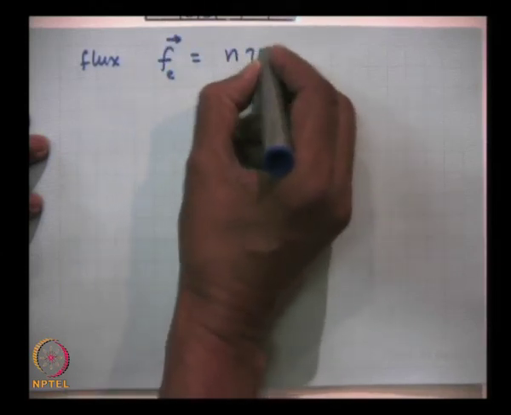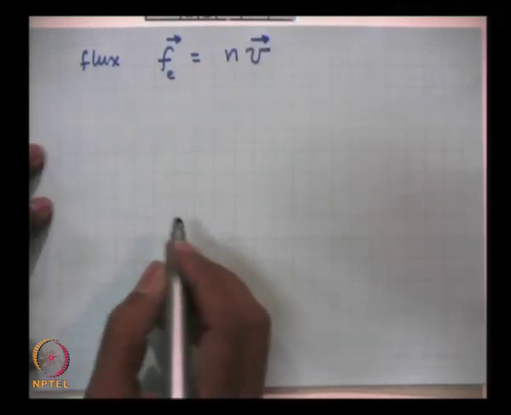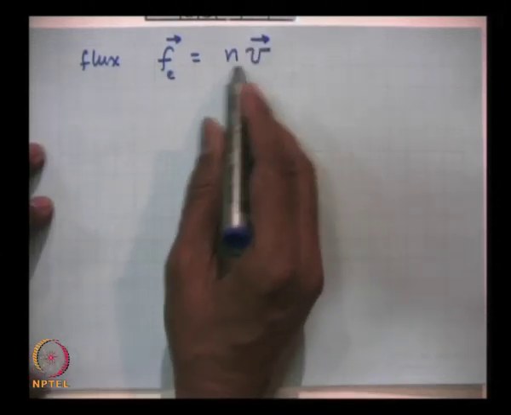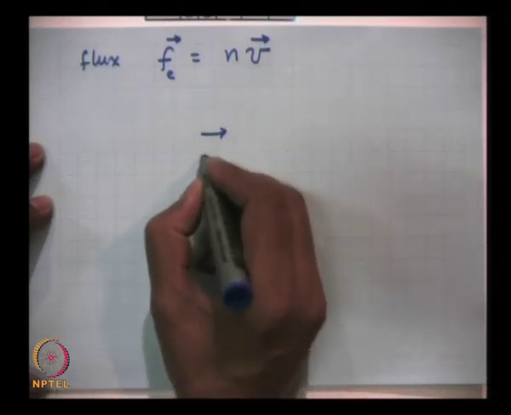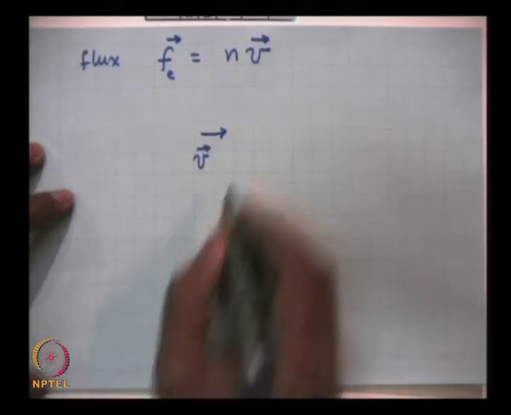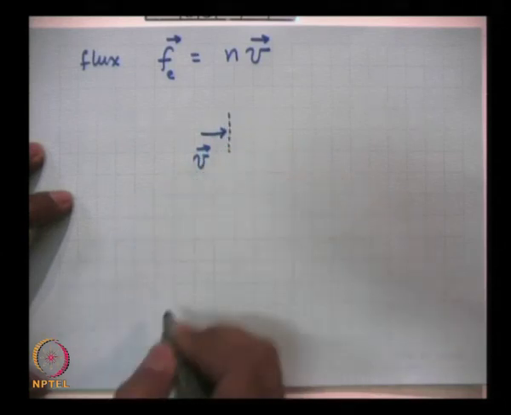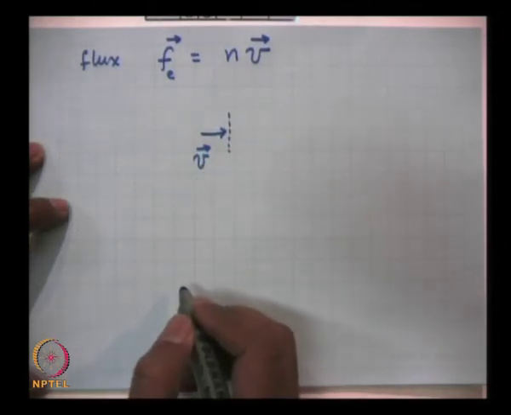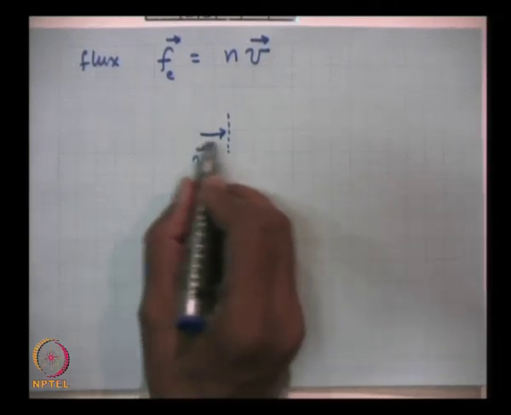Let us understand what this quantity is. Suppose electrons have an average velocity in a certain direction. Suppose this is the direction of average velocity of electrons. Consider a unit area perpendicular to V. A question would arise: how many particles will cross this area in 1 second?